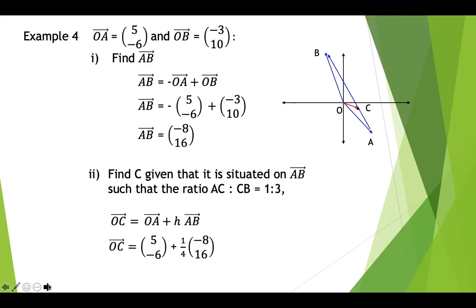So that must mean it's going to be 1/4. Oops, sorry, went too fast. So we can see that the position vector of OC is 3, -2. So this represents 1/4 of the distance, and then this would be the other 3/4.